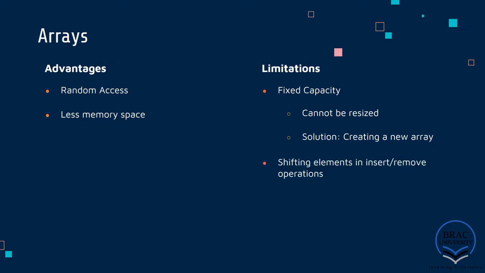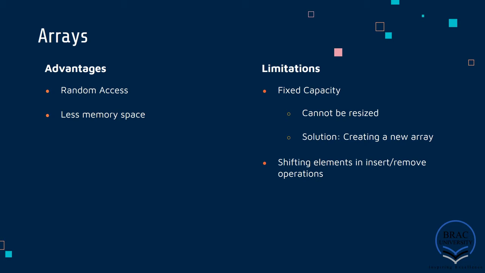The next limitation that the array has is the shifting requirement when we do insertion or removal operations. As you have already learned what shifting is, when you do insert and remove, it disturbs the whole set of values present in the array.